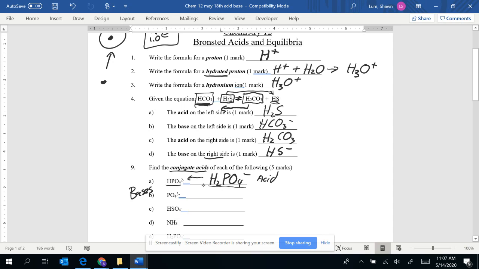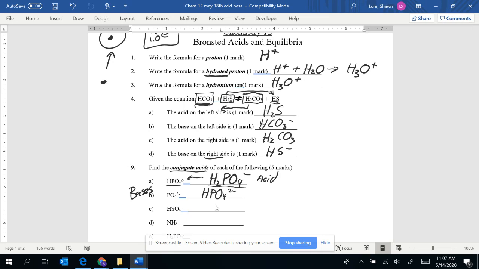Again, if this is the base PO4, that means this one would be HPO4 2 minus.